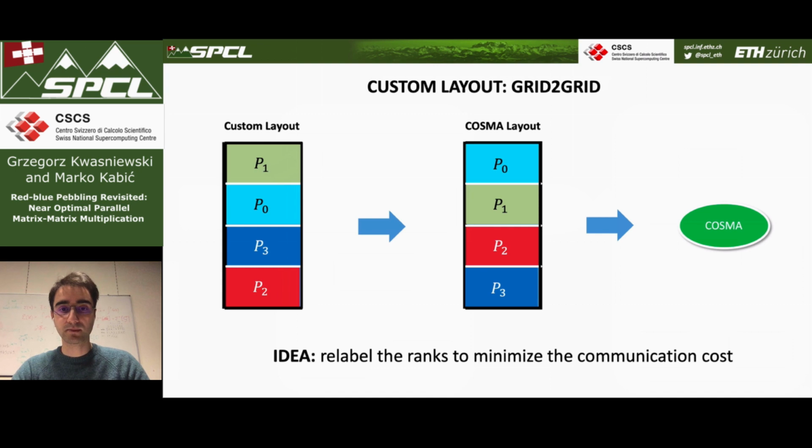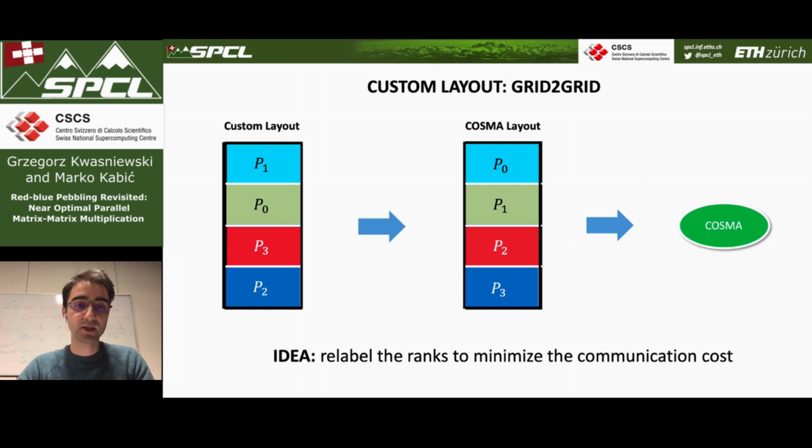We can either let all the ranks communicate, so do all-to-all communication and exchange all the pieces, or we can be a bit smarter and relabel the ranks to minimize the communication cost. In this case, we would relabel rank P1 to be P0, and do a similar thing for the other ranks. We then achieve the targeted layout while performing zero communication.